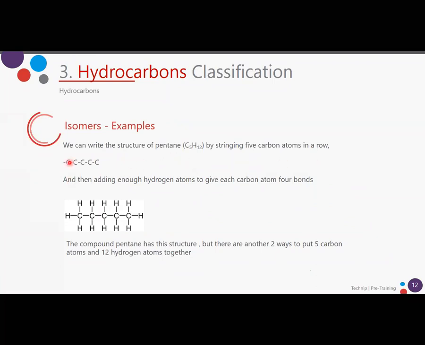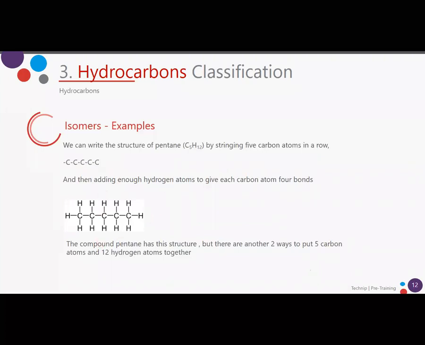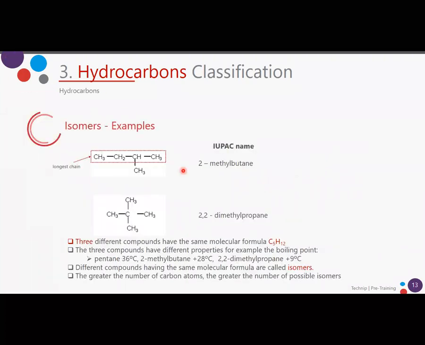So we put the 5 carbon atoms in a row, then we fill with hydrogen to have each carbon with 4 bonds. So we have here the pentane, that is C5H12. Then we can also write the same C5H12 in another arrangement.